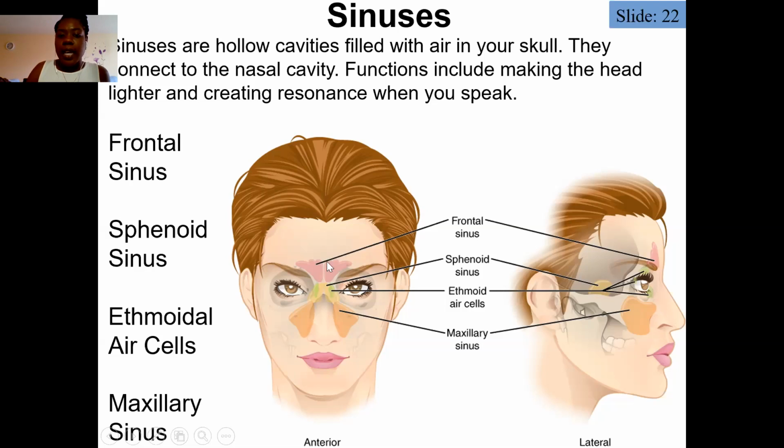So just to go over those again, we've got the frontal sinuses, the ethmoidal air cells, tiny air pockets on either side of the ethmoid bone. Posterior to that, we've got the sphenoid sinus. And interestingly, the sphenoid sinus is an access point to the pituitary fossa.